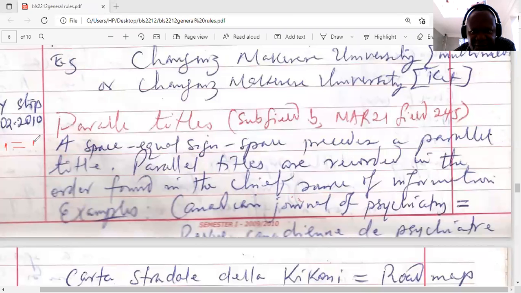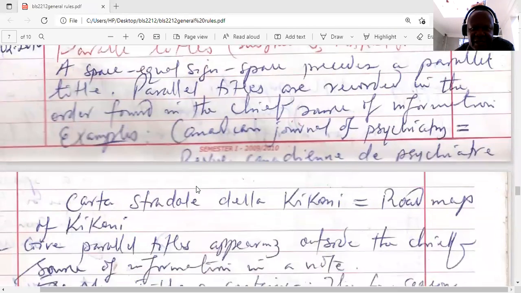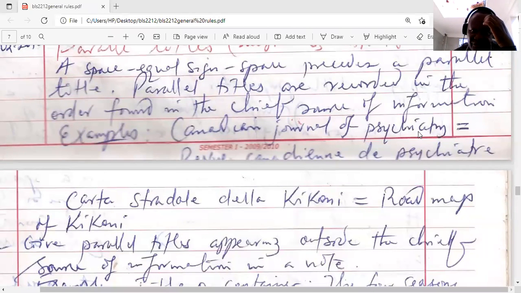I'll just remove this from our screen. Parallel titles are recorded in the order found in the chief source of information. And I have an example here, Canadian Journal of Psychiatry. And you'll notice that I left a space, equal sign, space, before giving the other title. This might not come out well for you, but this is French for this that is in English. So a parallel title is the title proper, but in another language. So Canadian Journal of Psychiatry, space, equal sign, space.